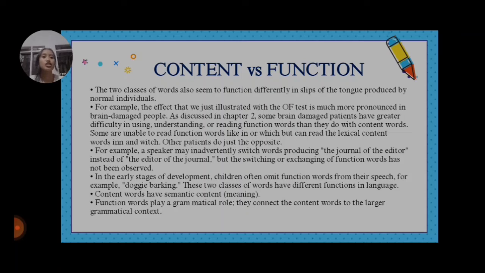As discussed in Chapter 2, some brain damaged patients have greater difficulty in using, understanding, or reading function words than they do with content words. Some are unable to read function words like in or which, but can read the lexical content words inn and witch. Other patients just do the opposite.